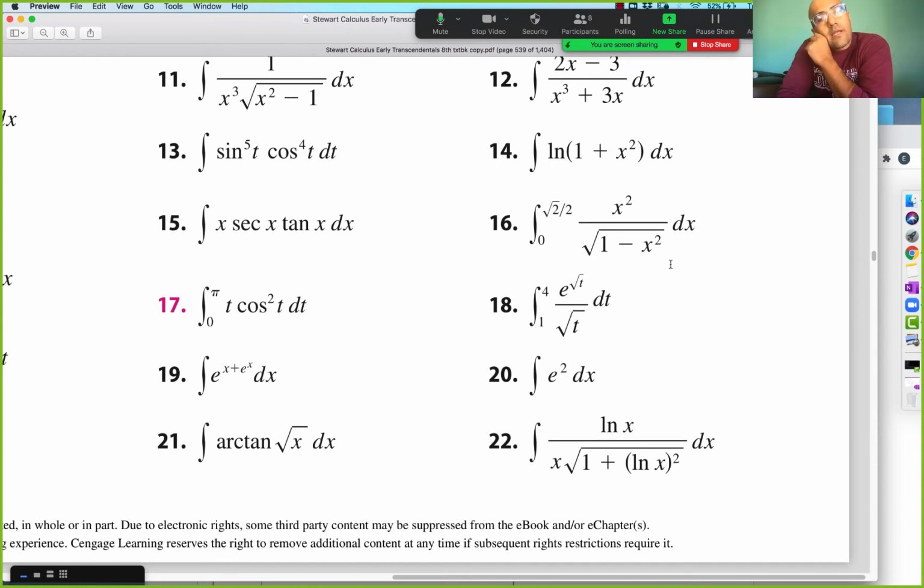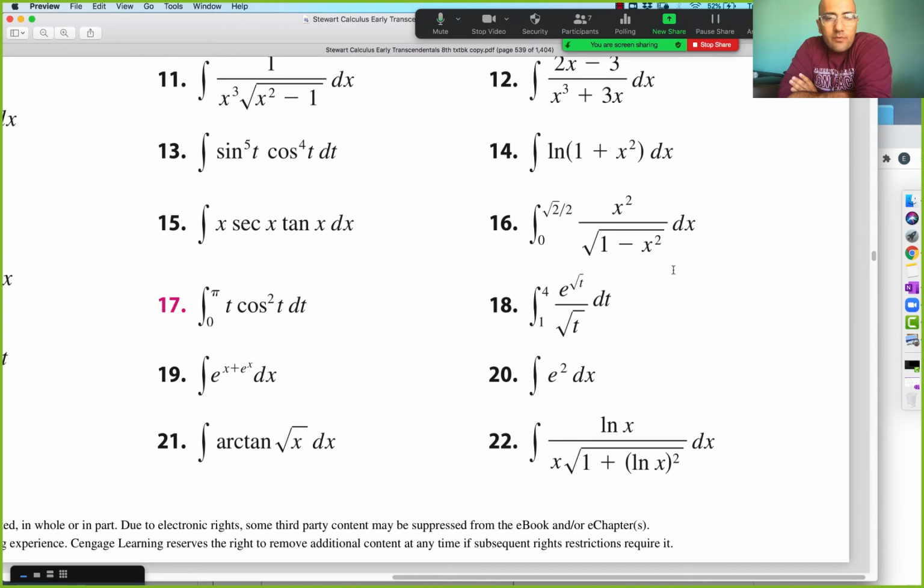And then we'd end up with sine squared in the numerator. And then we take the derivative of that. We'll end up with an extra cosine in there for the dx, and that should work out. Okay, so number 16, try letting x equal sine of theta, and that should lead to good things happening.